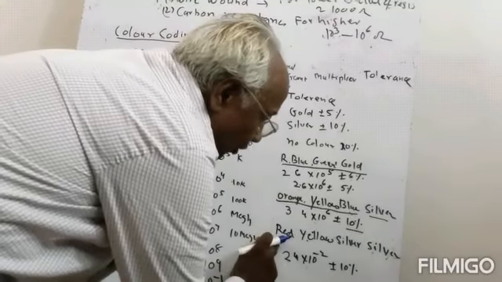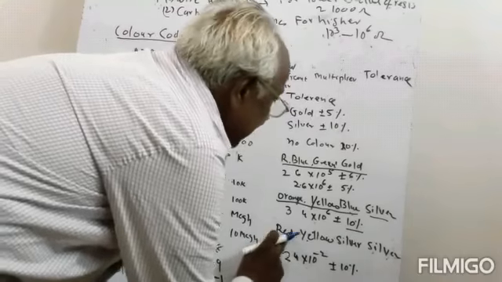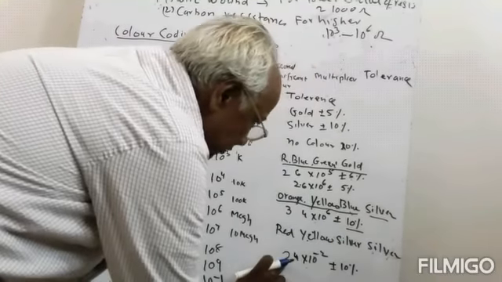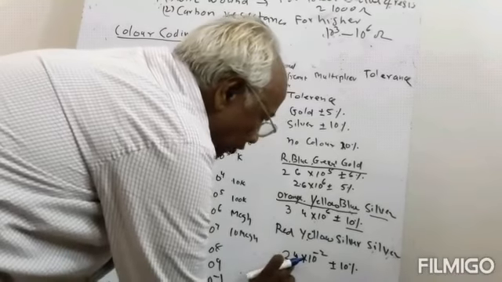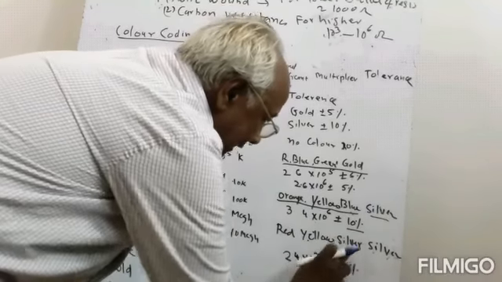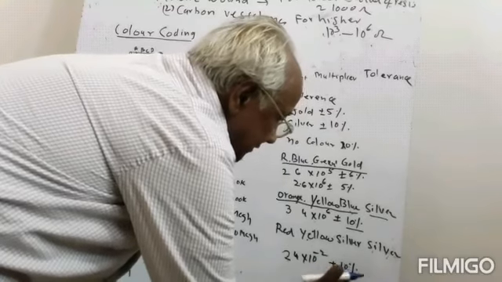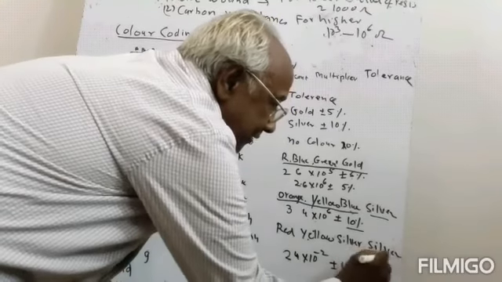Now if the color is yellow, red, yellow, silver and silver, then red is 2, yellow is 4, then silver is 10 to the power minus 2, plus minus 10%. Silver is 10%.